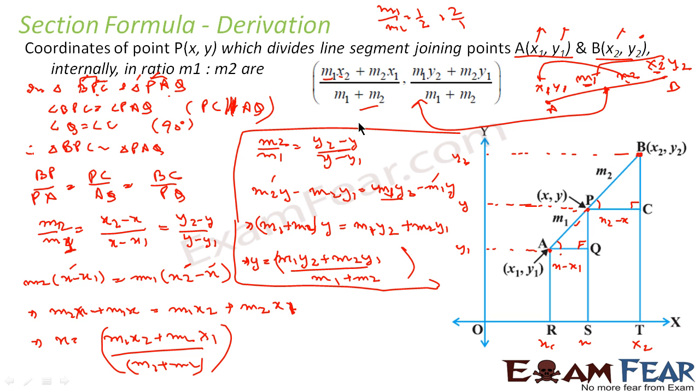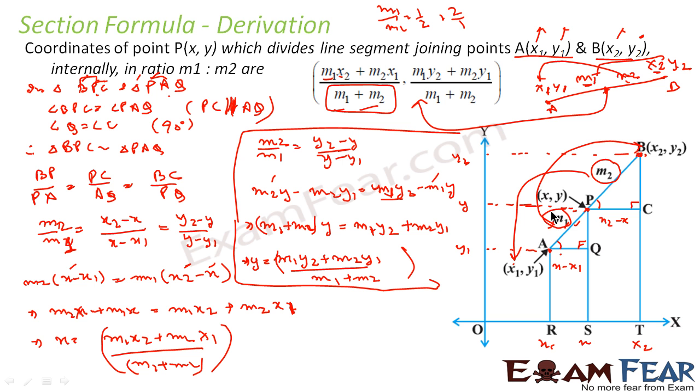So if you see, this is what I was talking about: x is m1x2 plus m2x1 by m1 plus m2, and y is m1y2 plus m2y1 by m1 plus m2. Very simple. You take m1, multiply with x2, you take m2, multiply with x1, m1x2 plus m2x1, divided by m1 plus m2, which is common in both.